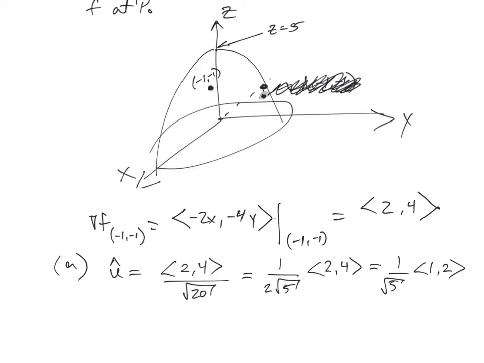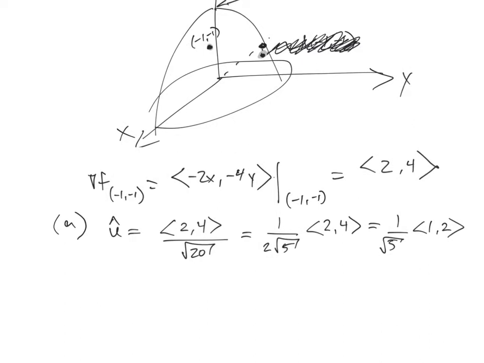Okay, what about B? Minimum rate of change. Well, we said that was in the opposite direction of the gradient vector. So what is that? It's just negative of that vector, right?